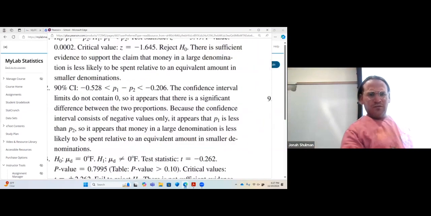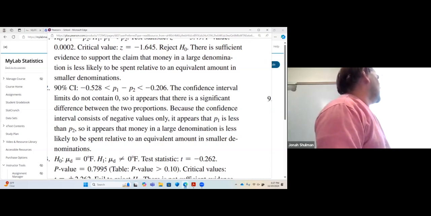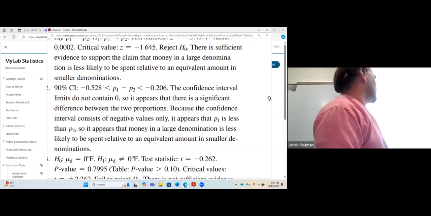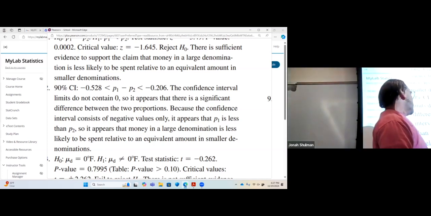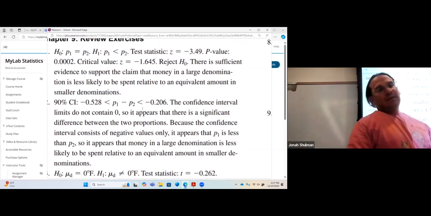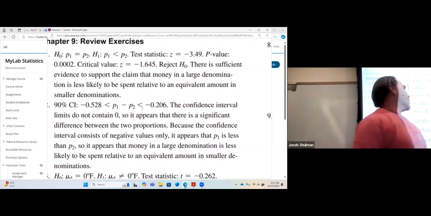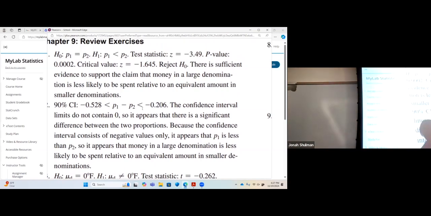The confidence interval limits do not contain 0, so it appears that there's a significant difference between the two proportions. Because it consists of negative values only, it appears that p1 is less than p2, so that money in large denominations is less likely to be spent than an equivalent amount in small denominations. That makes a ton of sense. Our confidence interval does not have 0 and is the negative that we're looking for in the alternative hypothesis.